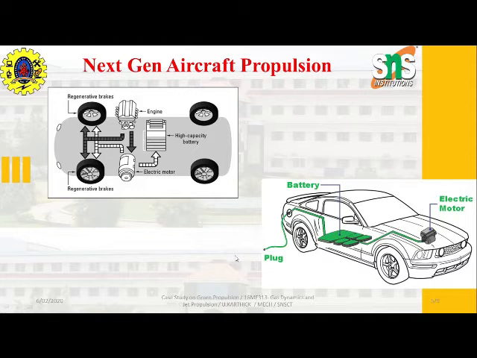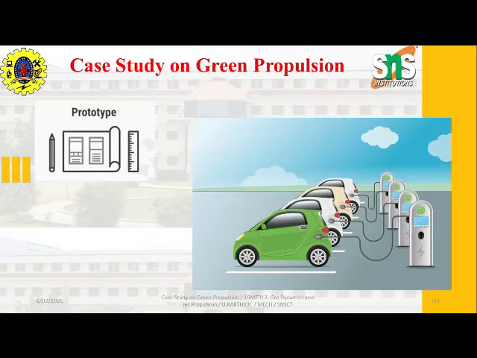Likewise, in upcoming years, power stations will also come. So whenever the battery power is very low, we can charge it up and pay for the charge of the battery. Okay, so that is the greater advantage.